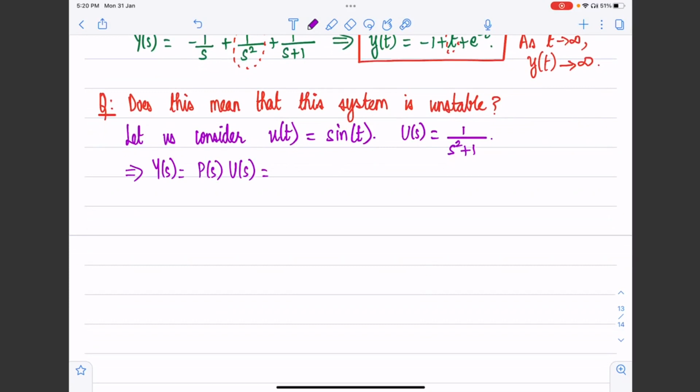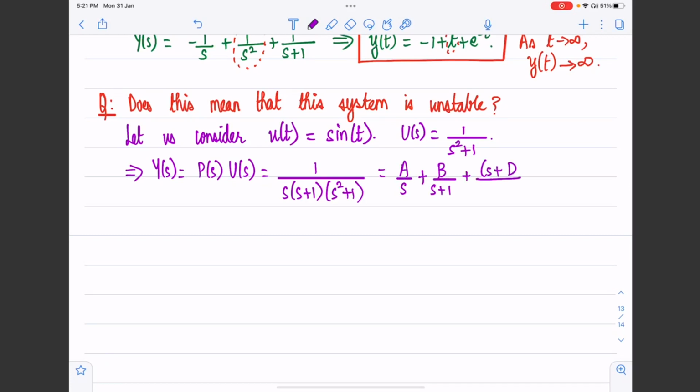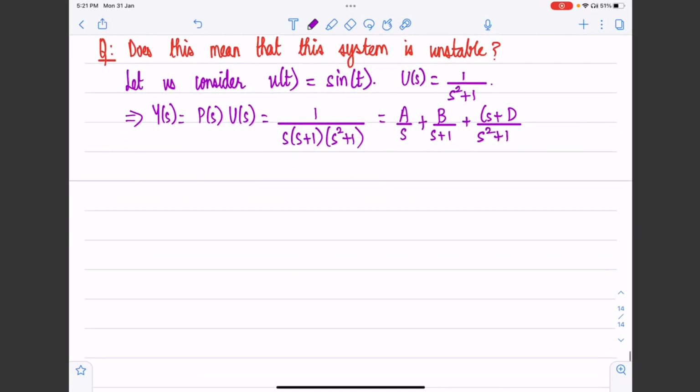That becomes 1 divided by s times s plus 1, as p of s was 1 by s times s plus 1, and then we have an s squared plus 1 factor coming in additionally now, right? So once we have this, we have the partial fraction expansion as A by s plus B by s plus 1 plus Cs plus D divided by s squared plus 1.